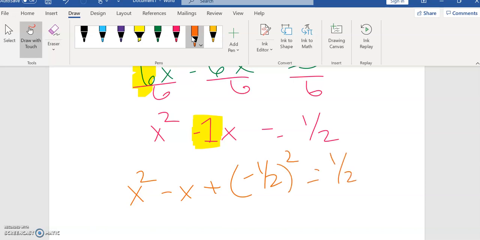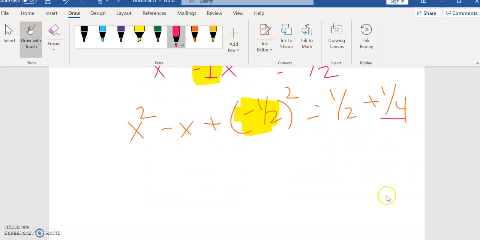Well, what's -1/2 squared? Well, it's positive 1/4. So 1/2 times 1/2 is 1/4. The two negatives cancel each other out. So on this side, I'm writing it this way because I want to remember what this half of b was, because I'm going to need it here in a minute. But over here, I just did the math because I'm just adding those in.